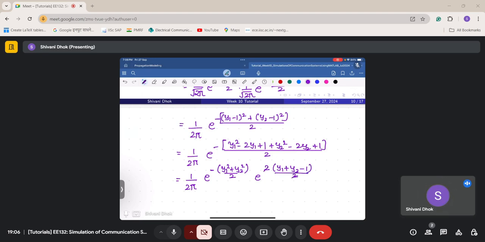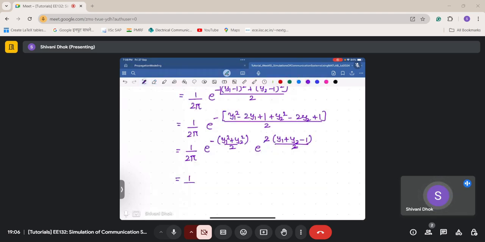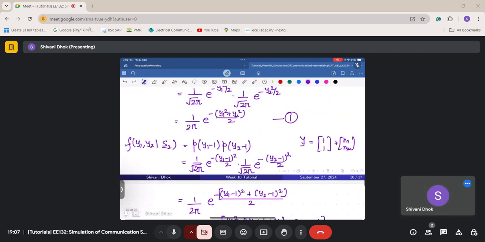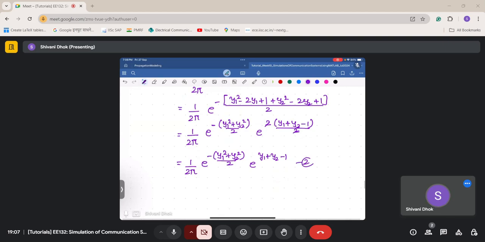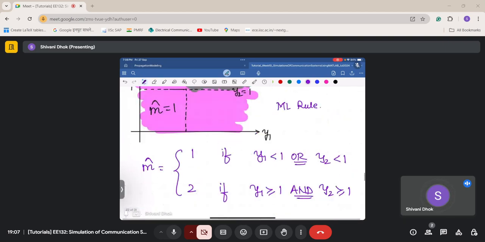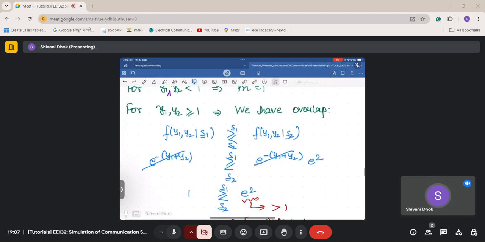The constants cancel, so what remains is 1 over 2 pi into e power minus y1 square plus y2 square by 2 into e power y1 plus y2 minus 1. This is the second one. Now again we need to apply the ML rule, which we had derived earlier. Let me just copy paste it.